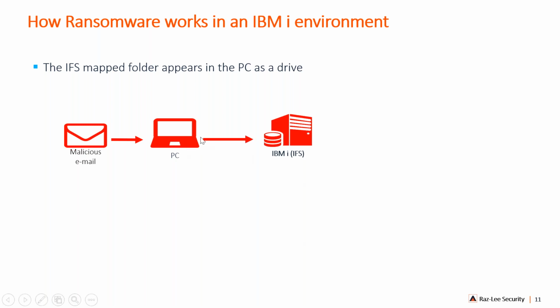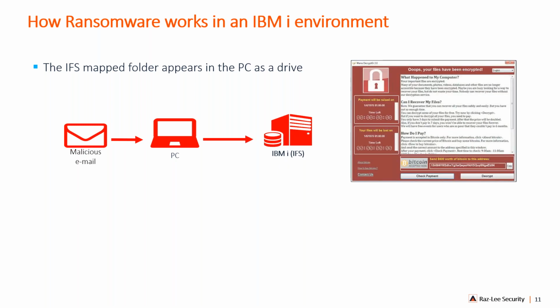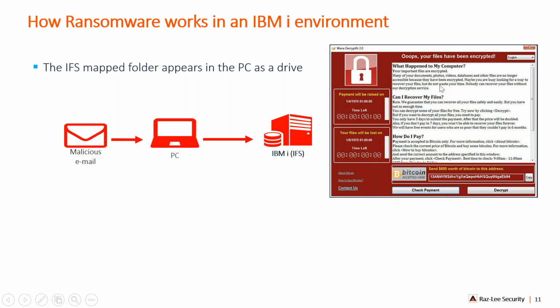Then it looks at all the mapped drives, including the drive of the IBM i, and encrypts them in the same manner and puts the same data. And this is what is added usually. This is a kind of message telling the customer, look, you have a predetermined number of hours, maybe here 7 days or 3 days, and just pay the money.